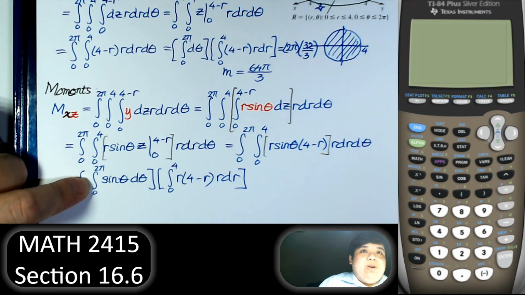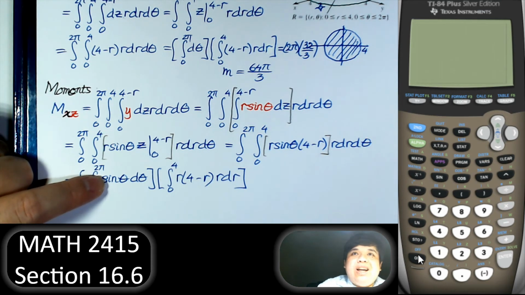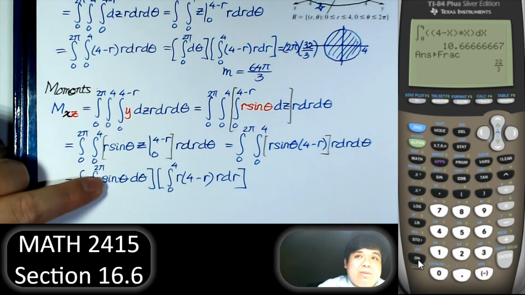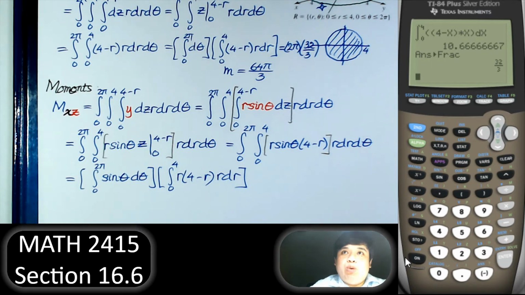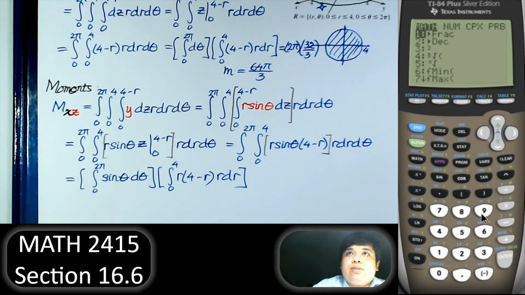This one equals 0. Because for sine or cosine, it doesn't matter which we have here, 2 pi is the period. If we go one complete period, we have a part on the top and a part on the bottom, and that will cancel out. So that's why this is equal to 0.